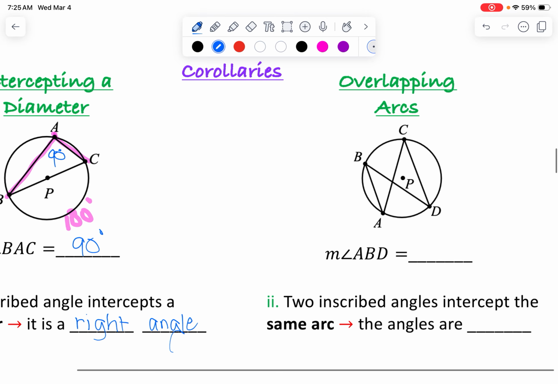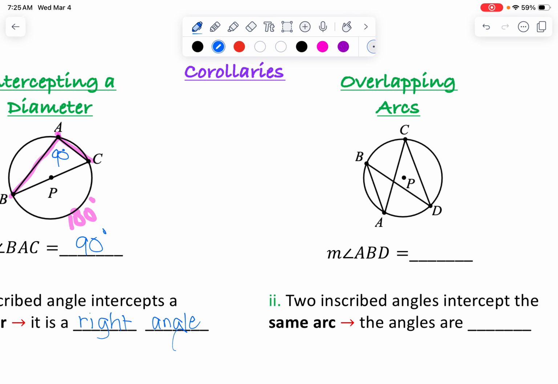The second one is overlapping arcs. So in this particular one, they're looking at A, B, D, that angle right there. Now you'll notice that it intercepts this arc right here, arc AD. And so does this inscribed angle right there.